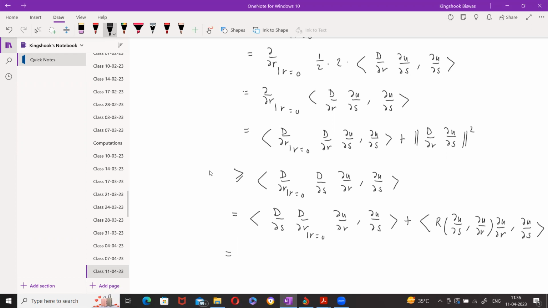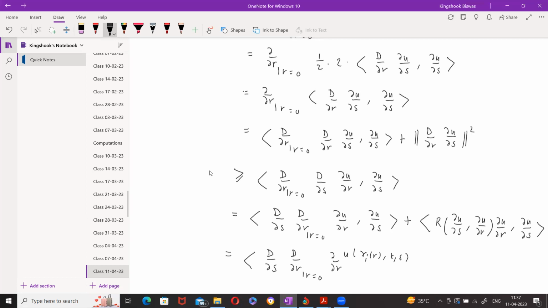Okay. So what is this D del r of del u del r? This is equal to the second covariant derivative along the geodesic of u of gamma_i(r), t, s, right?